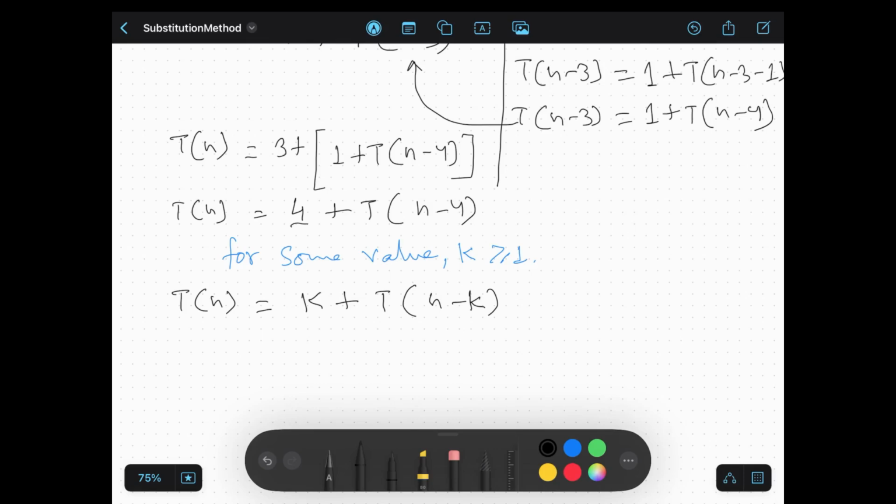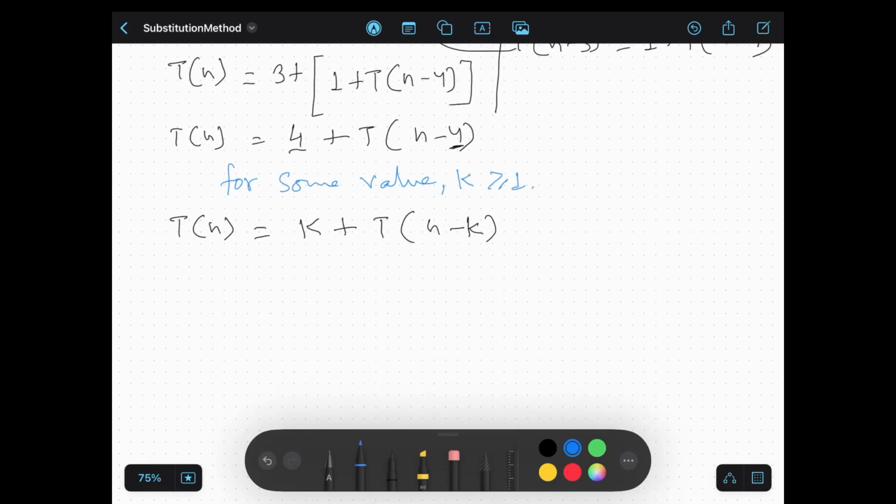Because this is a variable and this is a variable, which are actually changing as we are reducing. So then we can change these to some value k.